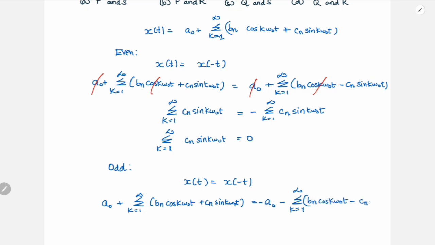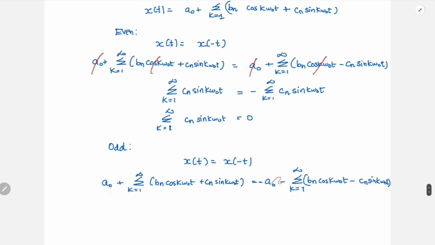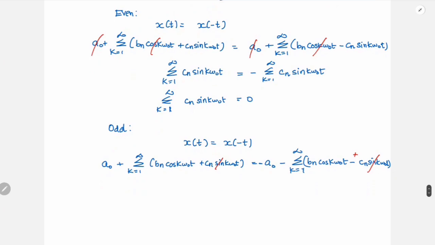And minus cn sin k omega naught t. So the a naught term is not going to cancel because on this side it's plus and minus, but cn is plus on both sides. So minus into minus is plus. So cn terms, the sine terms, are going to cancel.